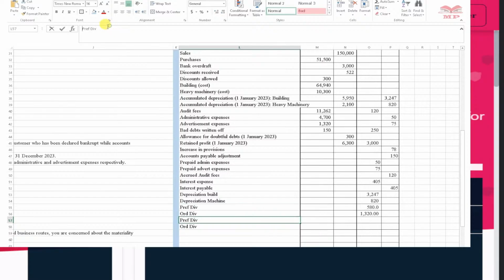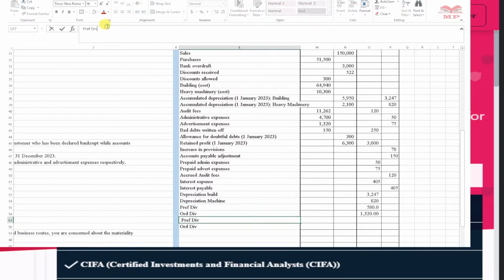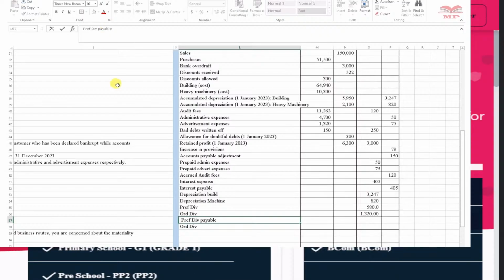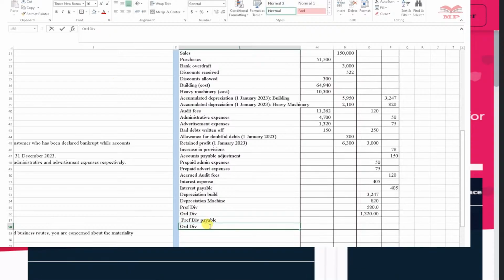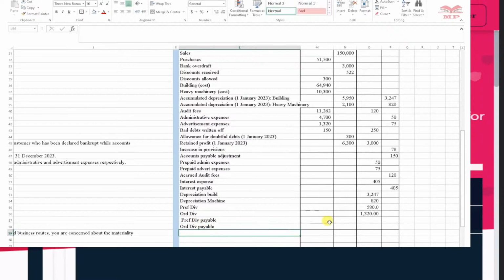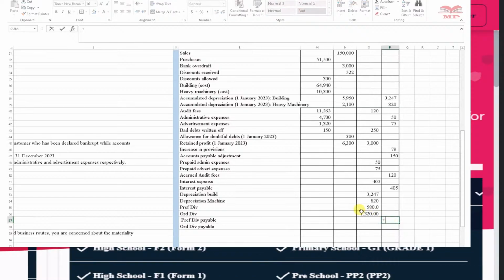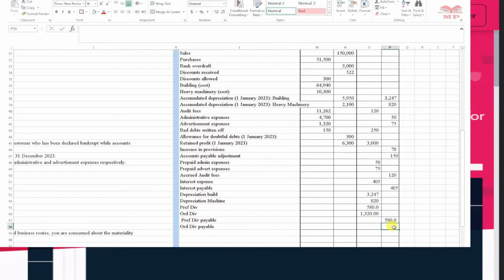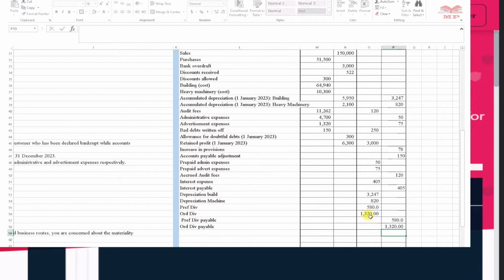Preference dividend payable. Ordinary dividends payable. Payable. And so, of course, we have the opposite now, preference dividends there. And then we also have this one here, payable.